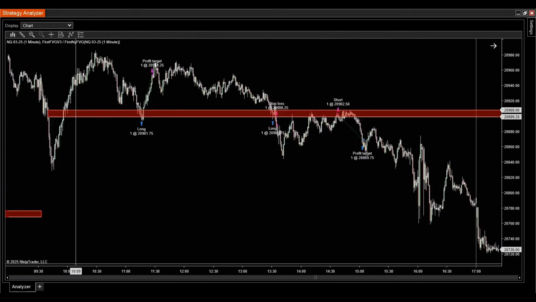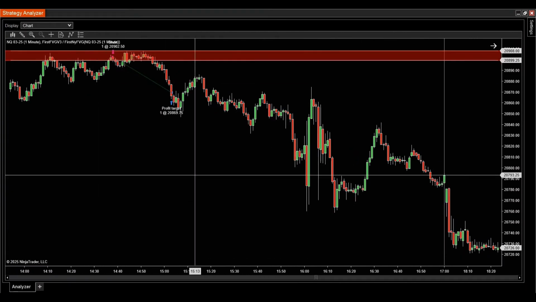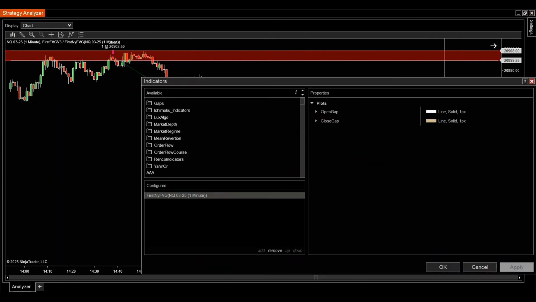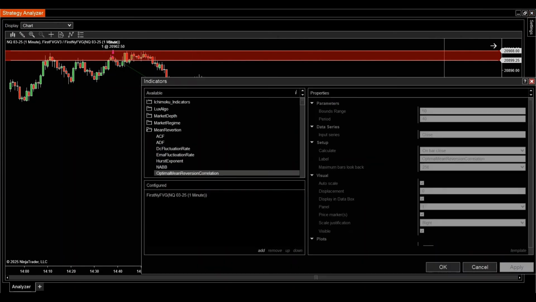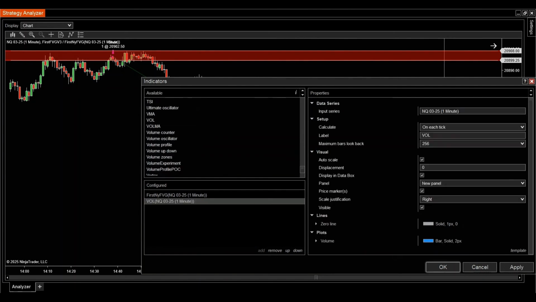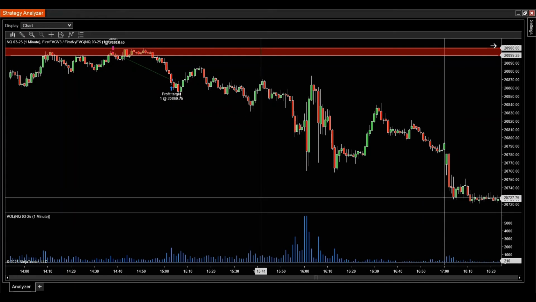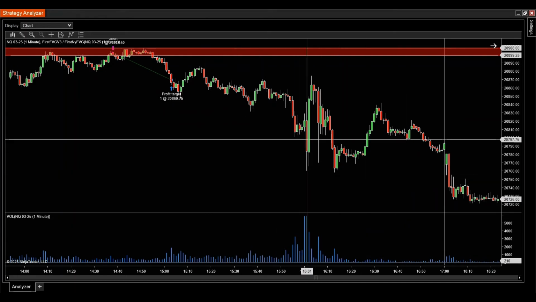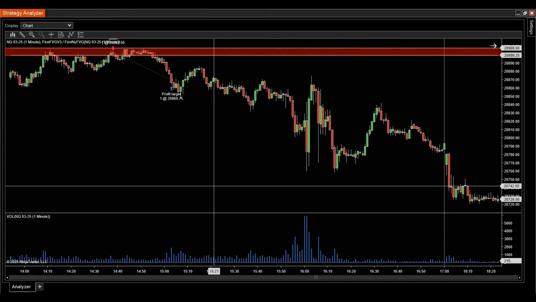I want to tell you something that I hope will change your mindset as traders. To show it to you, I just want to quickly bring up the volume indicator. Essentially, what I want to do here is look for the big fish in the market, the major players.